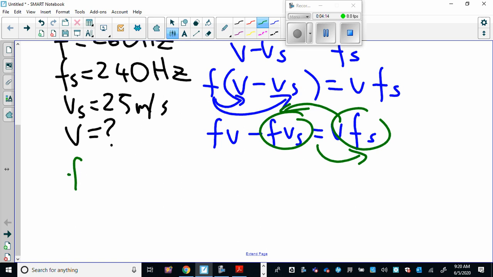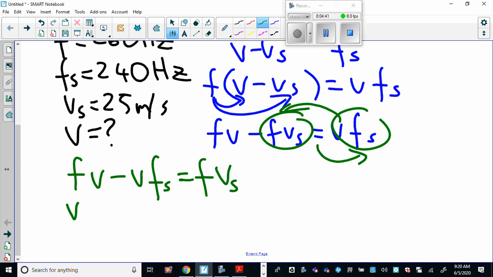So we're going to get FV minus VFs equals FVs. And this is the problem with having the two V's. Now we've got the two V's on the left side of the equation, and we can factor the V out.